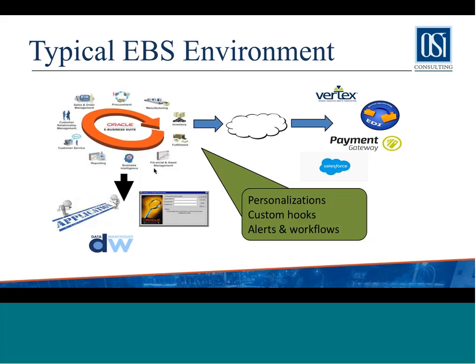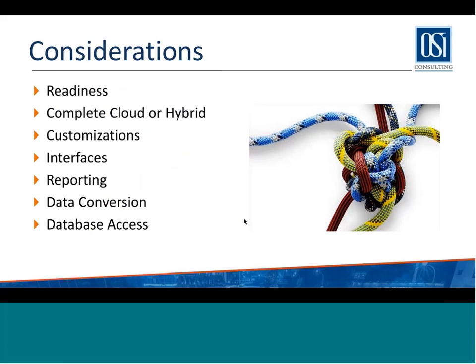Sometimes people have external data warehouses, Cognos data warehouses being fed from EBS. And then on EBS itself, over the years, we have done our personalizations, custom hooks, alerts, and workflows. So it's a pretty complex environment that we are now trying to take and say, does it fit the cloud? And this is what we have to deal with anytime we think of moving to the cloud.